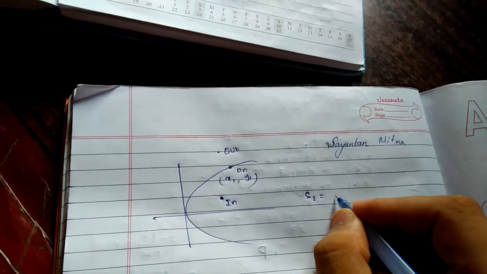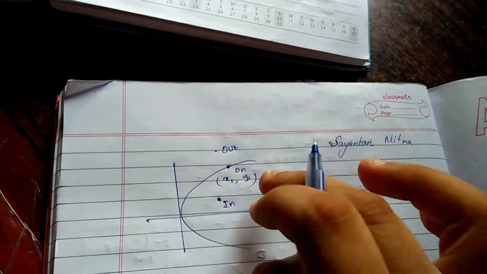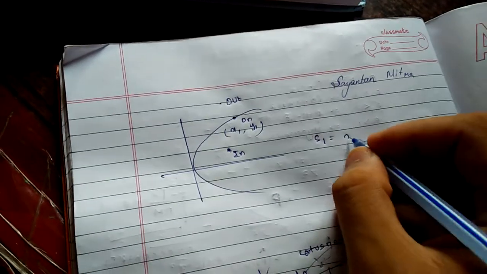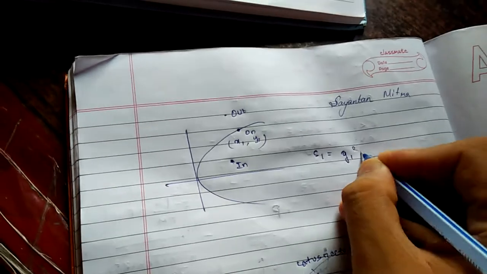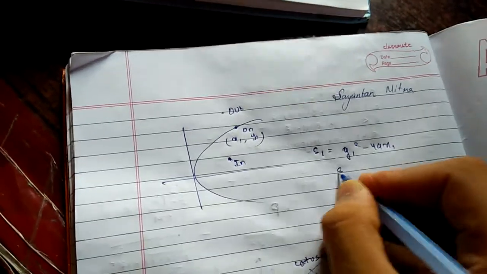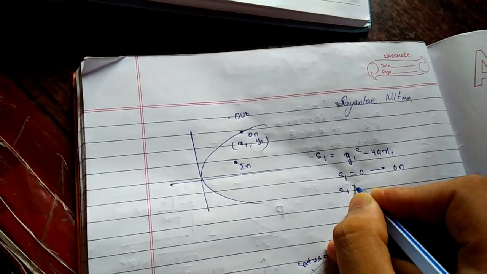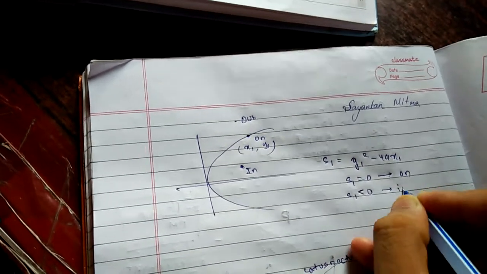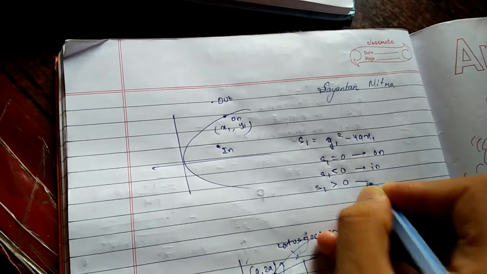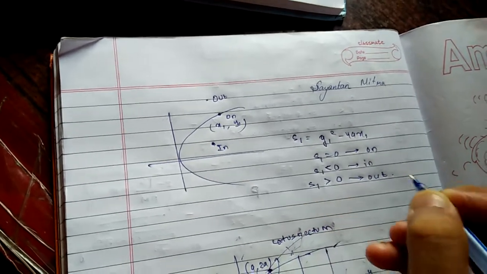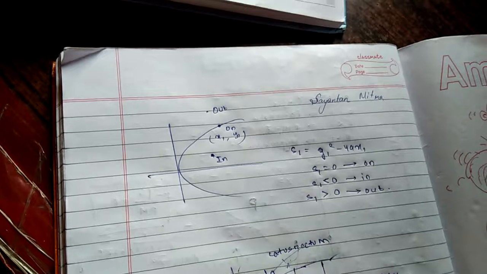Now S1 is when you put x1 and y1 in the curve, we get y1 square minus 4ax1. If S1 equal to 0, on case; S1 less than 0, inside case; and S1 greater than 0, it's going to be the outside case. Clear?